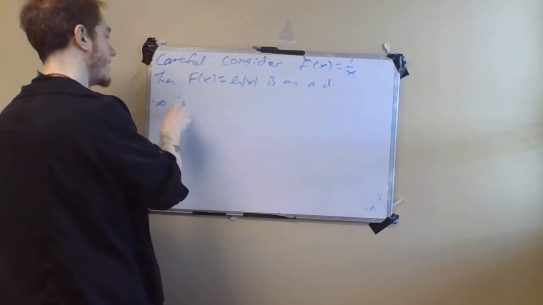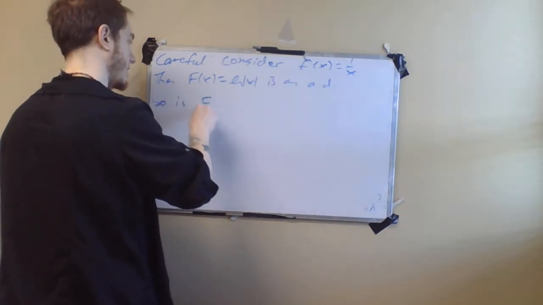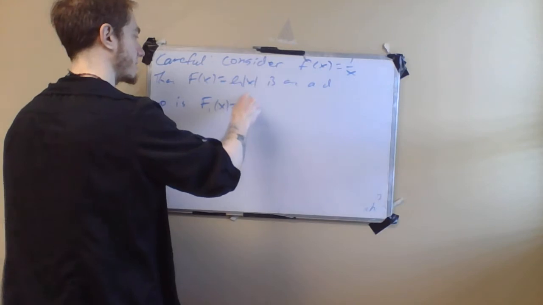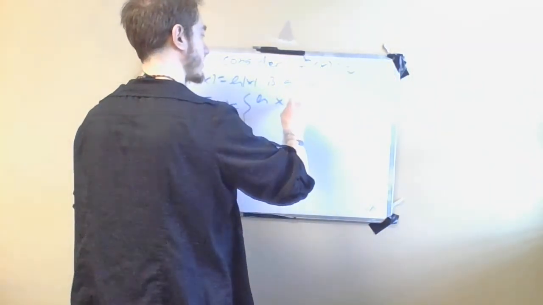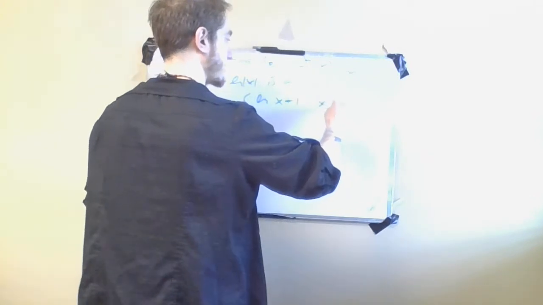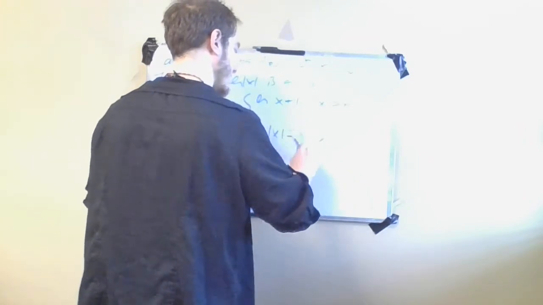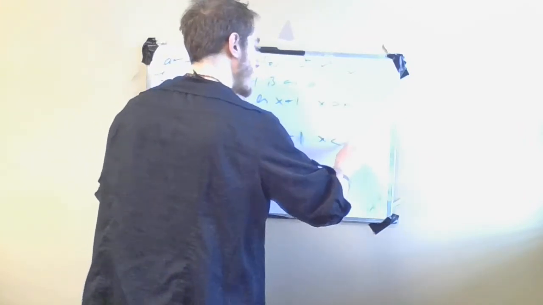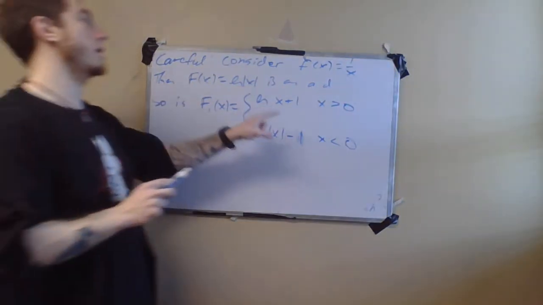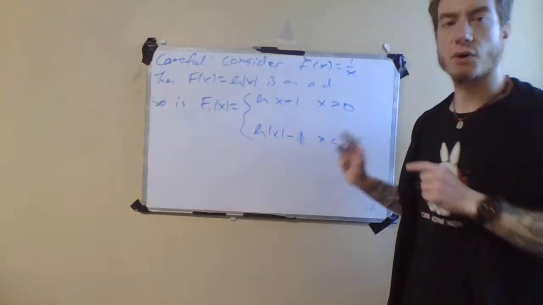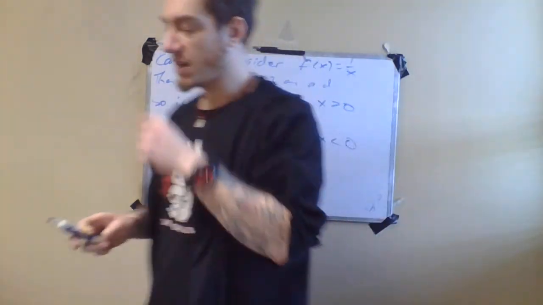But so is F1 of x, which is going to be the piecewise defined function, log of x plus 1 for x bigger than 0, and log absolute value of x minus 1, whoops, I put a minus x, I meant minus 1, when x is negative. So the thing is that on different intervals, I have a different constant going on here.